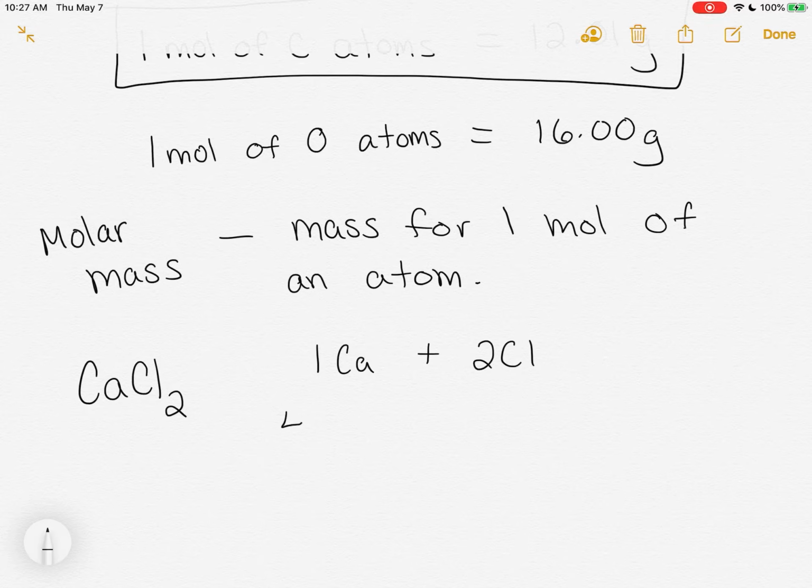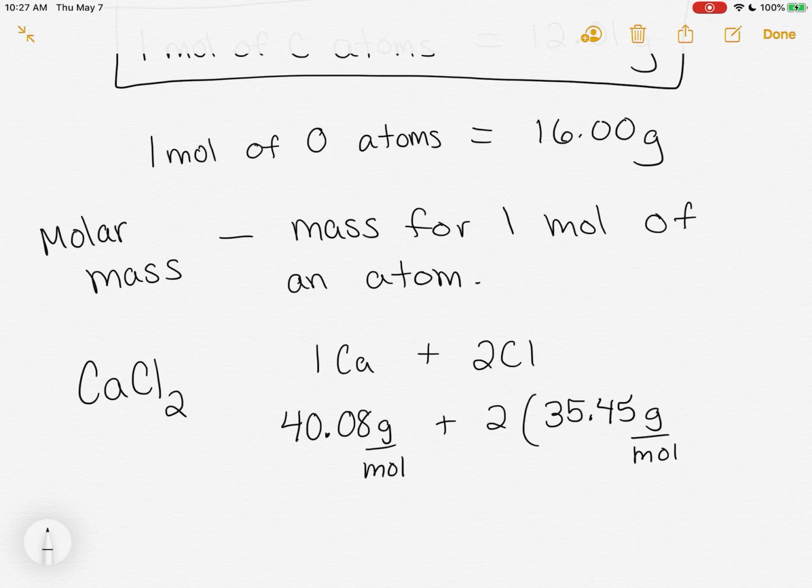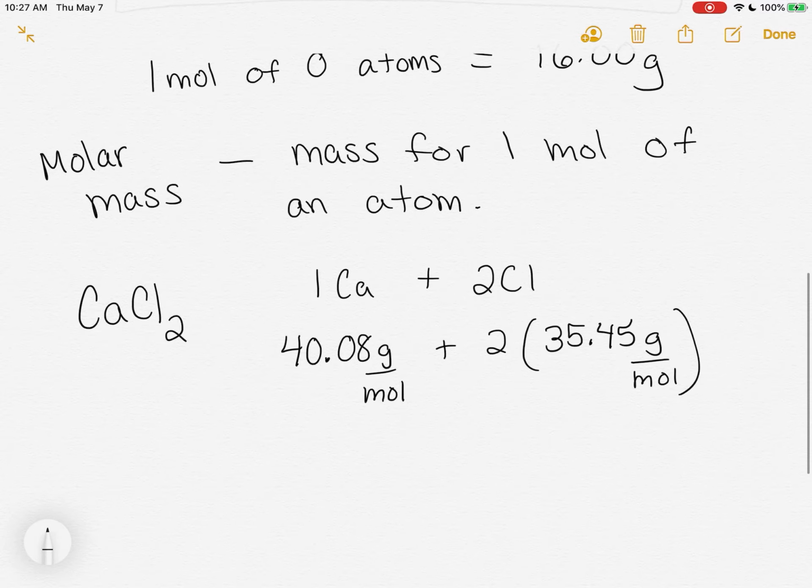1 calcium has a molar mass of 40.08 grams per mole, and chlorine has a molar mass of 35.45 grams per mole. Those just come from the periodic table.